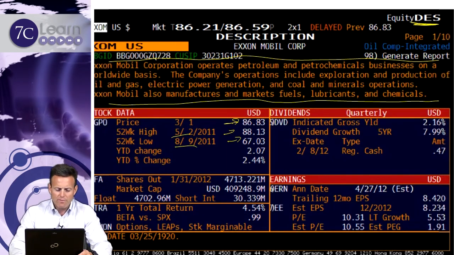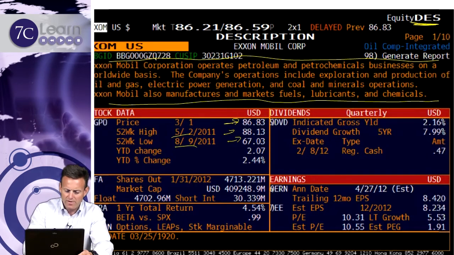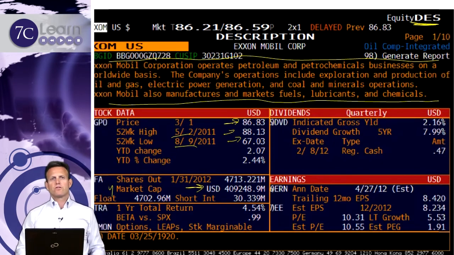Another piece of information I'd potentially be interested in is the market capitalization. This is what we call the equity market capitalization. And what does that mean? It's the total value of the equity. It's not the total value of the company as a whole, but the total value of the equity. I'm going to get into more detail in later modules, when we talk about valuation, about the total enterprise value versus the total equity value.